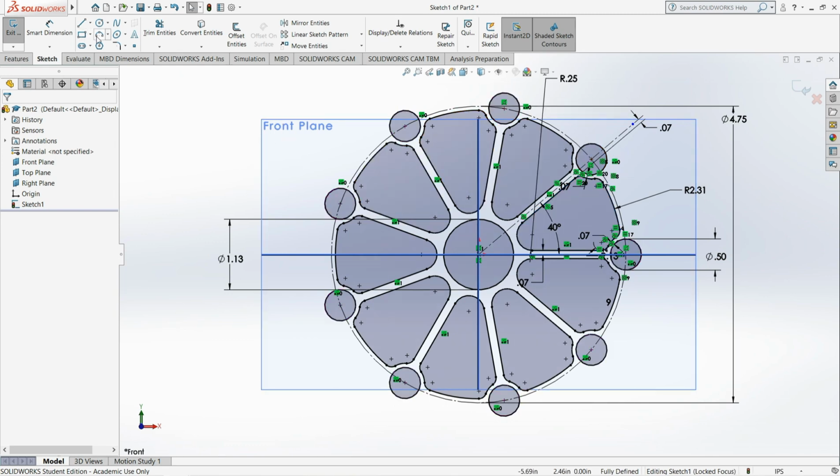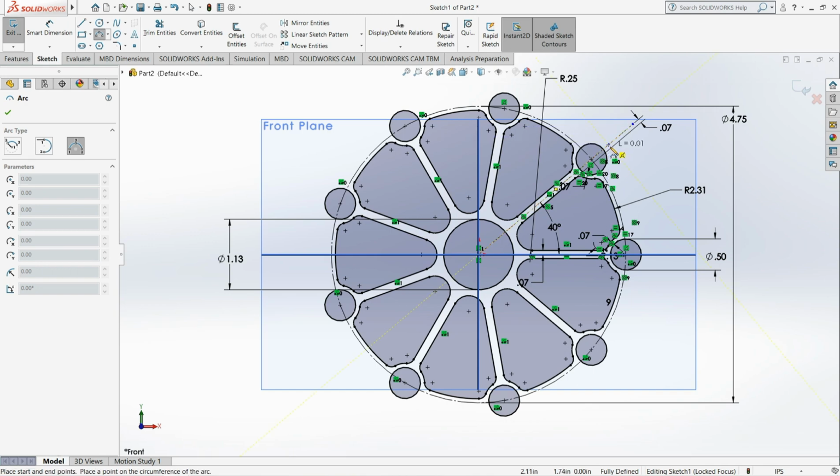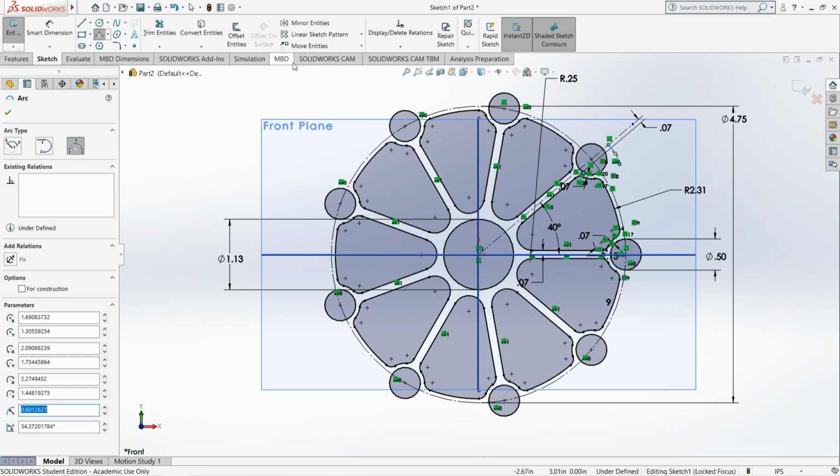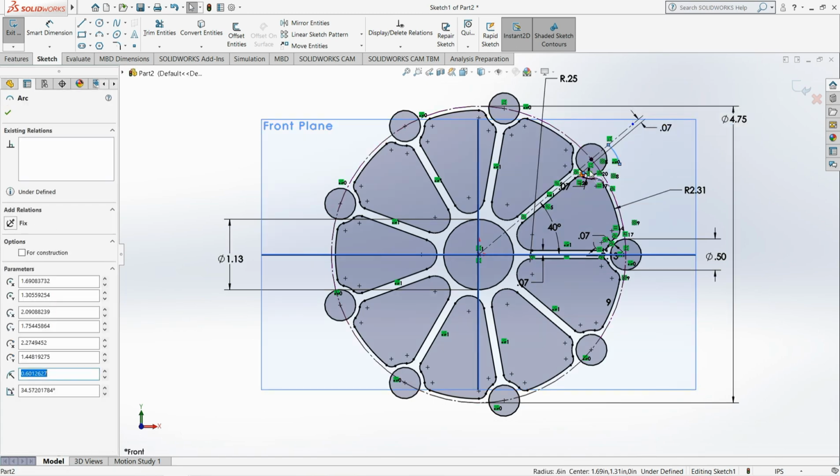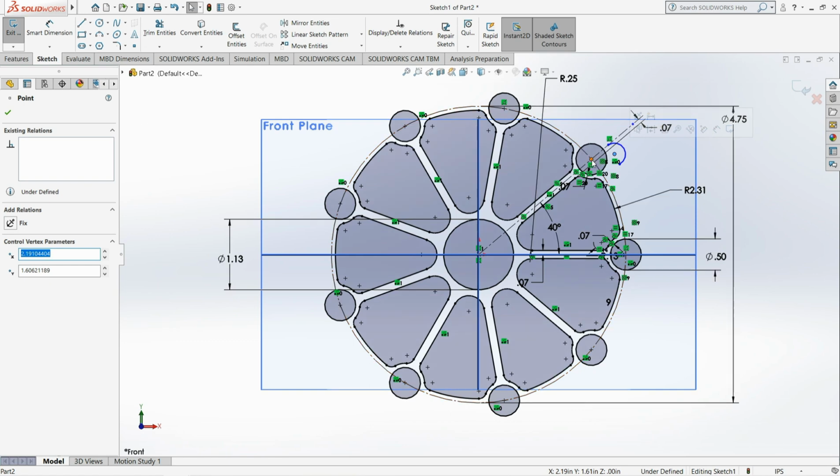Now I will take some radius again, but its center is the same center, so I have to merge those center lines.